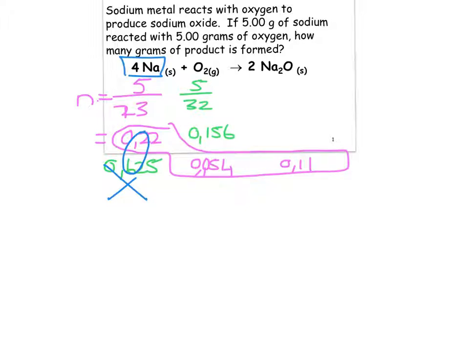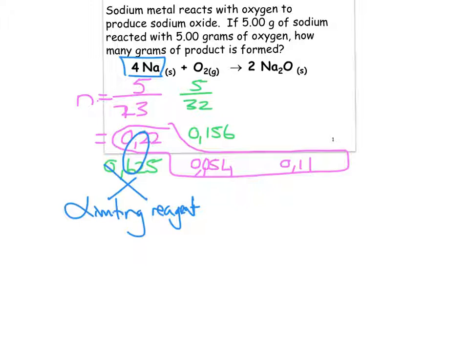I haven't got enough, so that is my limiting reagent. With this limiting reagent, I will run out of sodium first, so 0.22 of sodium will link with 0.054 of oxygen, which then is going to produce 0.11 moles of sodium oxide.